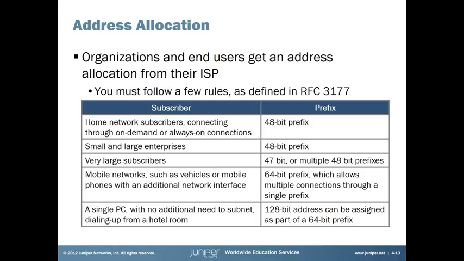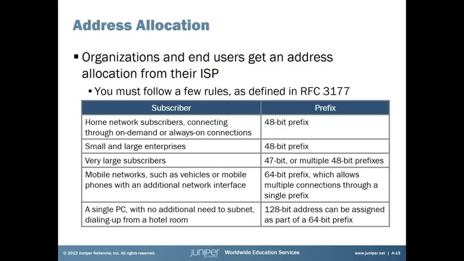When you get this address, essentially you're going to get a 48-bit prefix. Remember that the first 64 bits make up the network number. So you've got a 48-bit prefix there, and an extra 16 bits that you get to play with and do whatever you want with for your network prefix.